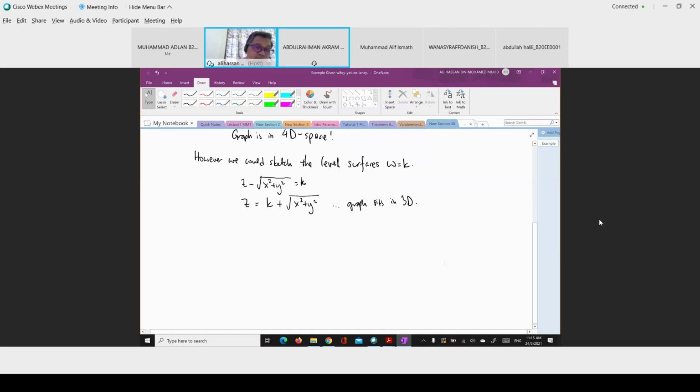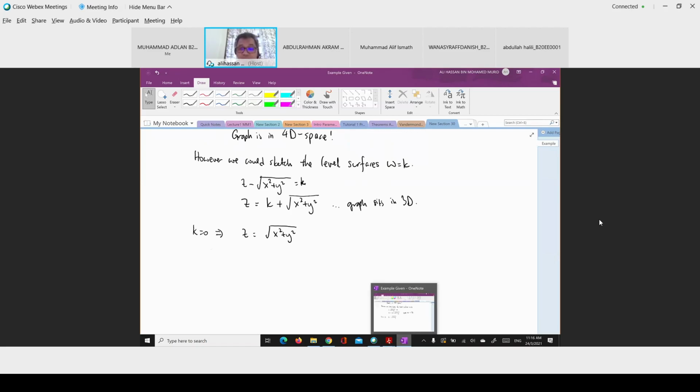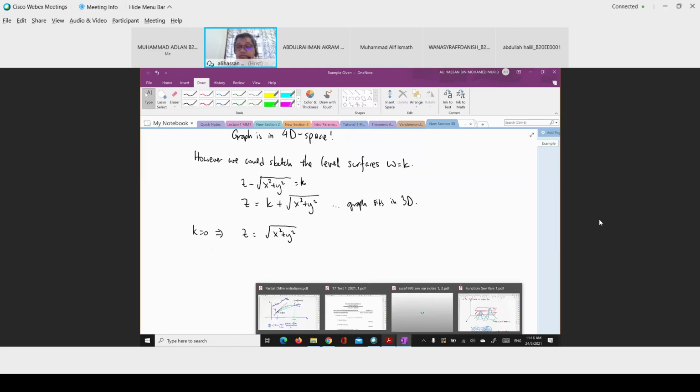So if I let k equal to 0, we will get one level surface, z equal to the square root of x squared plus y squared. And we have seen before that the graph of this equation is a cone. Remember, let me show you our previous note.